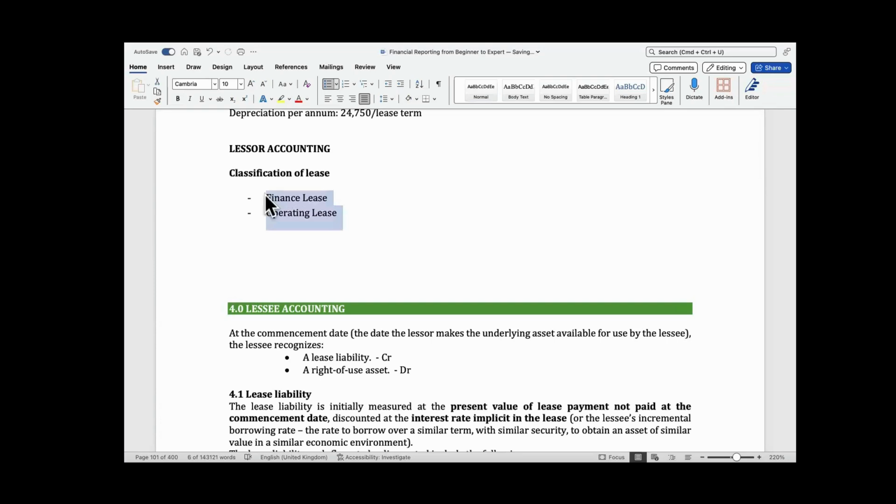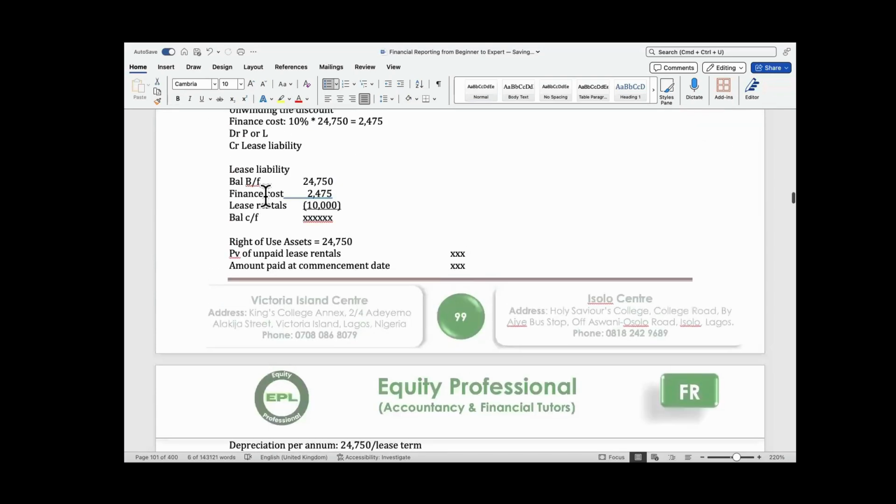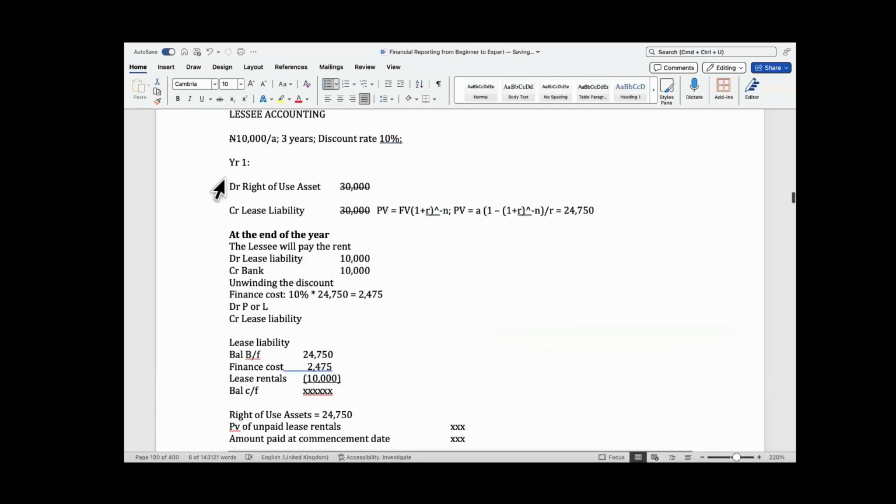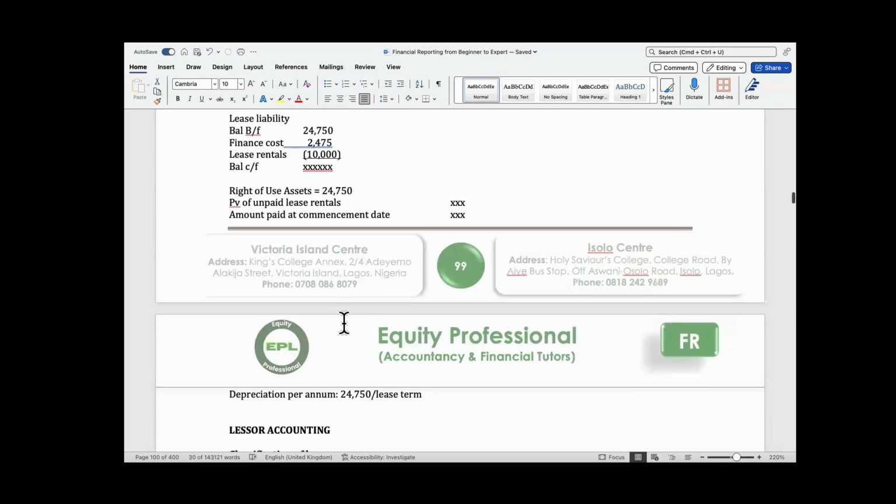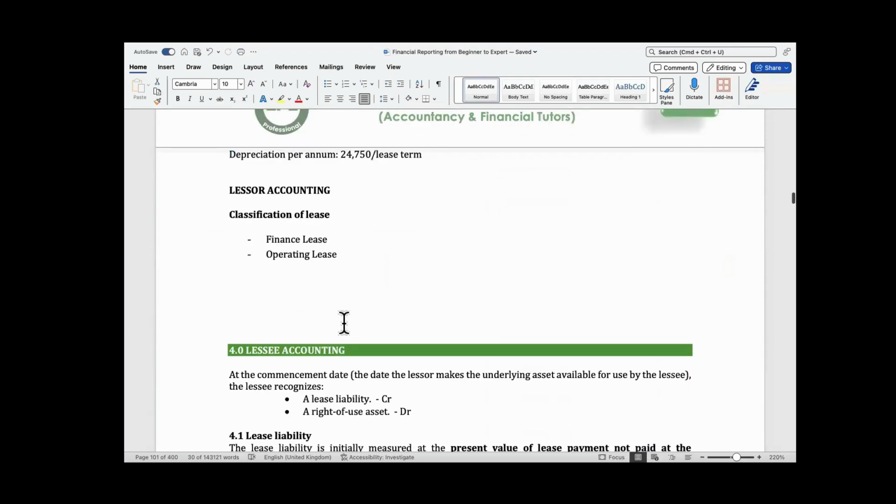It has nothing to do with the lessee. All the lessee does is just right of use and lease liability. Then it does these payments and all of that. That's lessee. But for lessor, his major issue is should he derecognize the assets or should he leave the assets in his books?